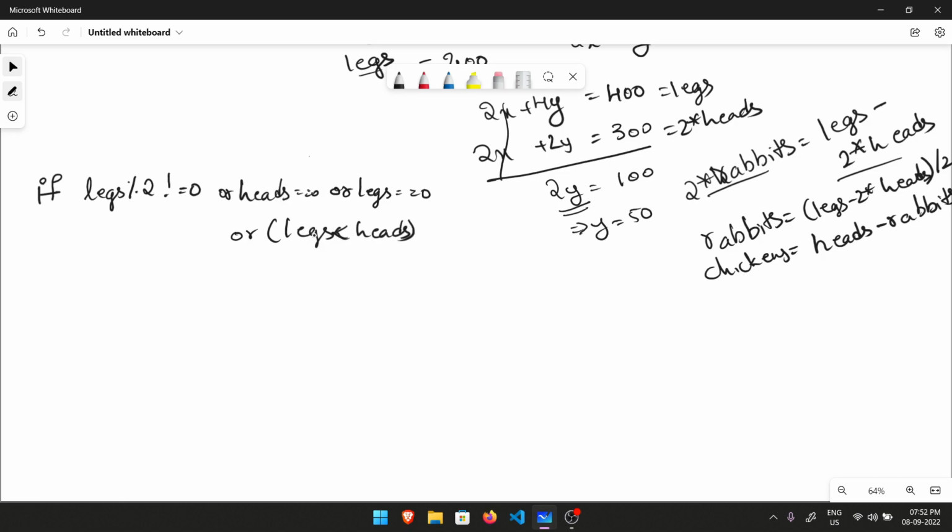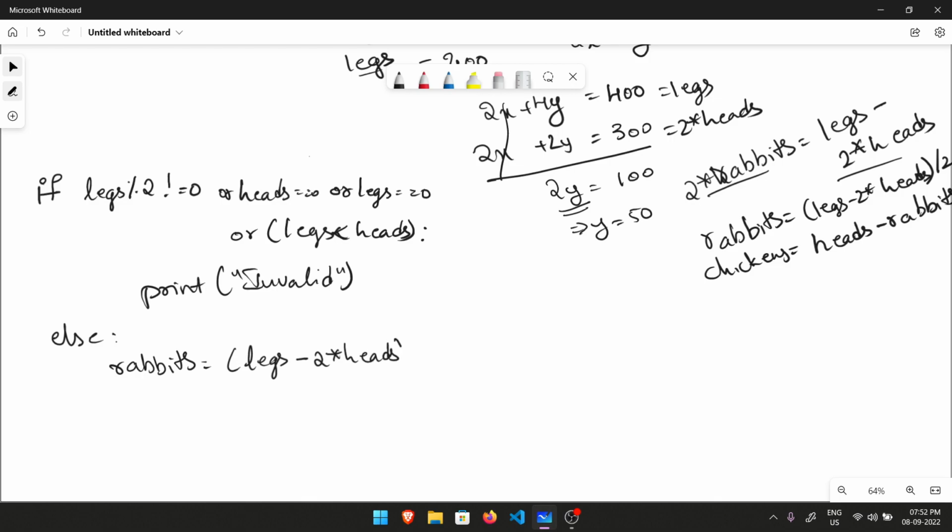In any of these conditions, we cannot find the solution, so we will print invalid. In the else part, we will solve this problem by using this formula. Rabbits equals legs minus 2 times heads, divided by 2, and the chickens will be the number of heads minus rabbits. This is the general idea of this program.